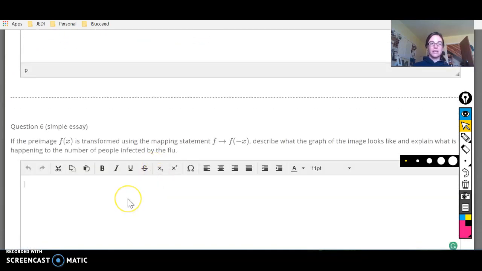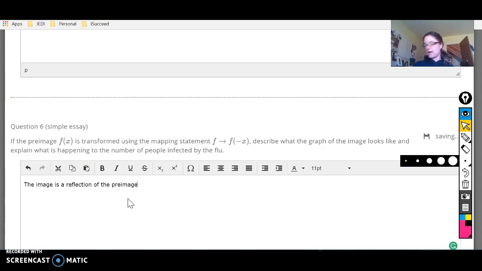So that's pretty cool. The image is a reflection of the pre-image, and it's a reflection in the y-axis.